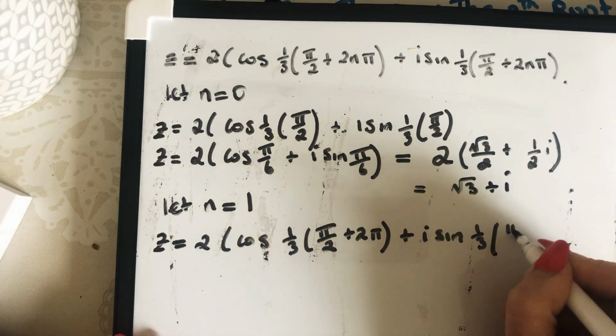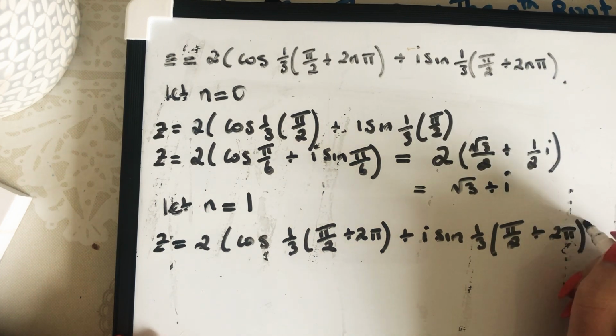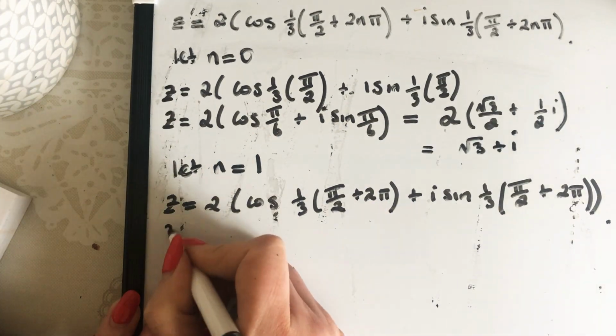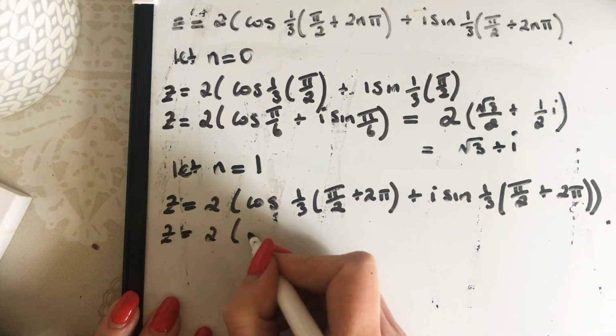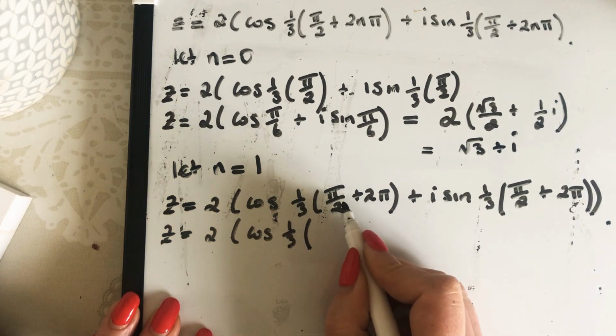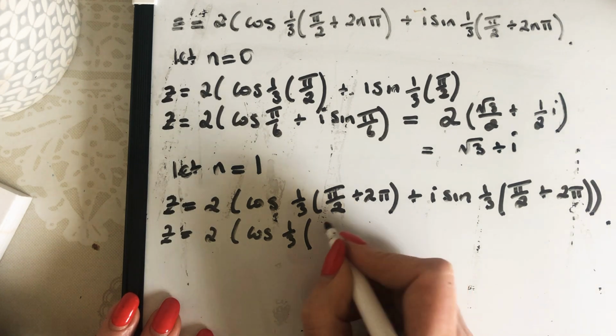So just take your time with this because there's a lot going on in these questions. So let's simplify it first before we move on. Leave our 2 alone, we'll leave our 1/3 alone as well, and let's just add pi over 2 and 2 pi. So we get 5 pi over 2.